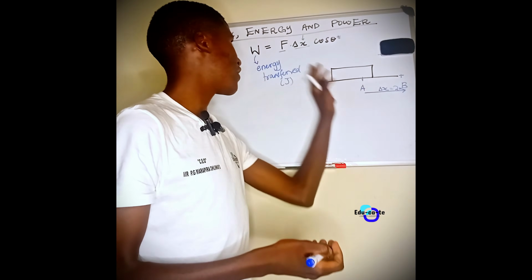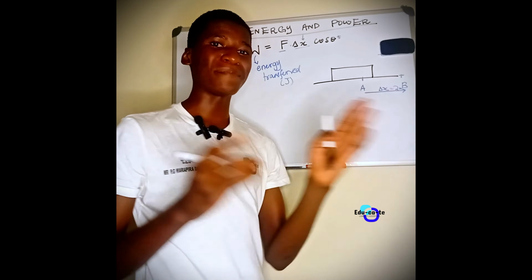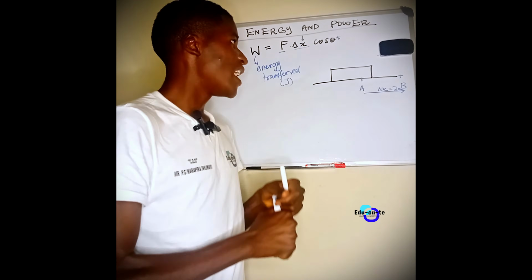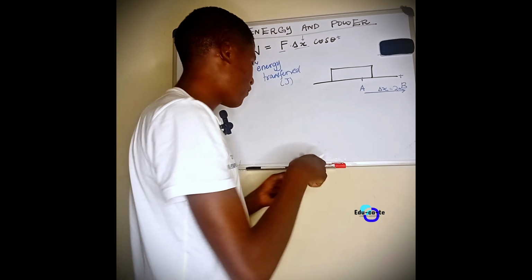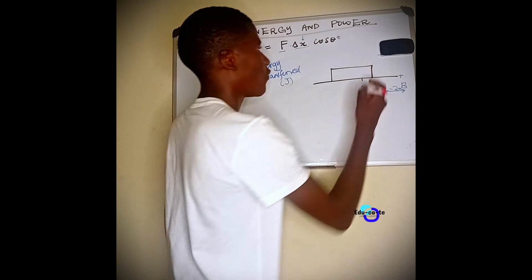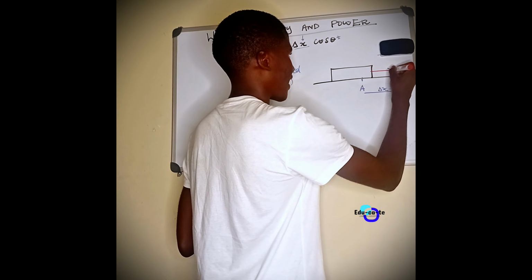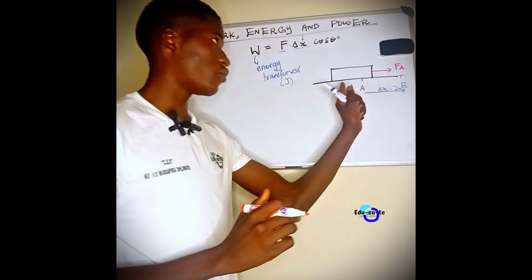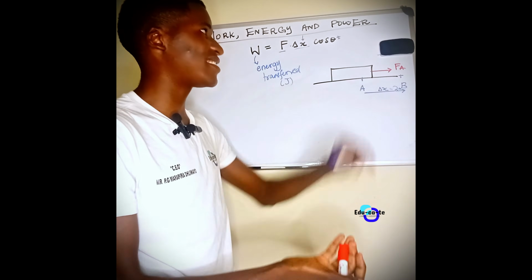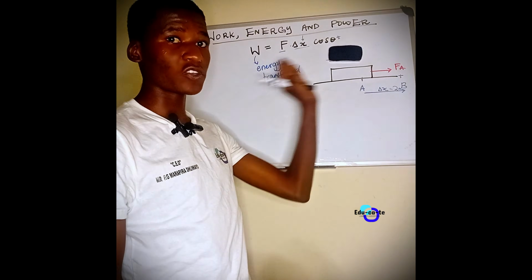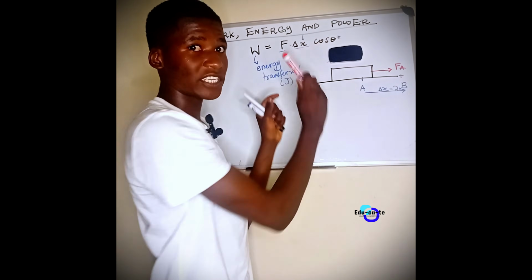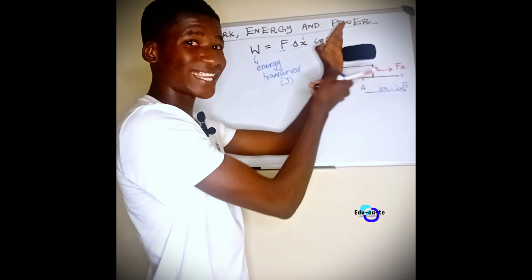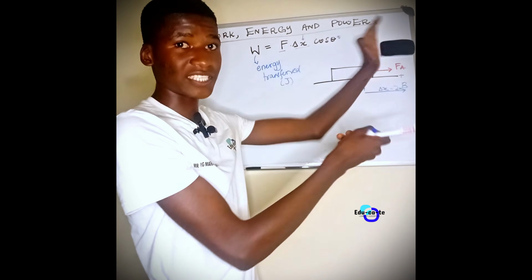Make sure that whenever you substitute the displacement, it is in meters, because that is the standard unit that we use for displacement. Now let's assume that the force that is causing this object to move is directed to the right. This is my force applied to the object so that it can move. Just like with this duster, for it to move to the right, I apply a force towards that direction, causing the object to move.